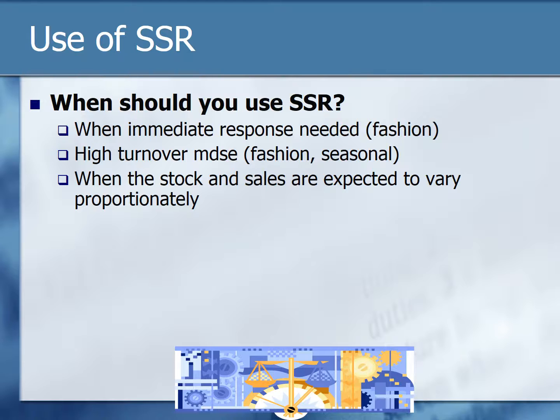So for merchandise that needs immediate response to demand changes, or high turnover merchandise, again, merchandise that moves through the store pretty quickly, we need to have enough merchandise planned out for the amount of sales that we want to generate. So you want to plan the ratio between the stock and sales so that the stock will be higher than the sales that you are planning on.